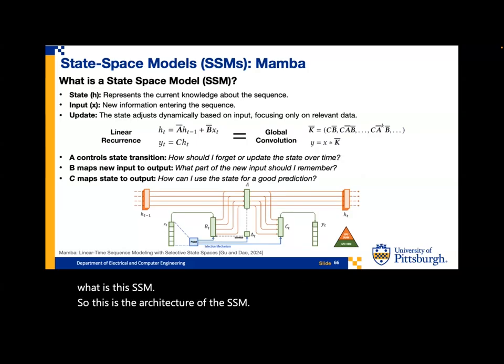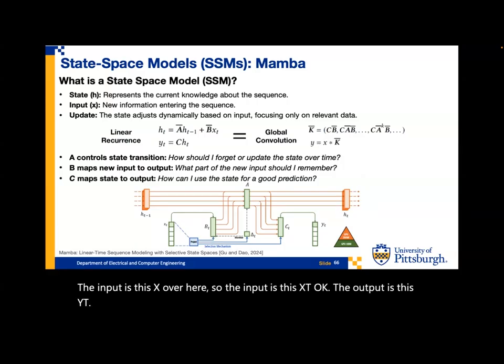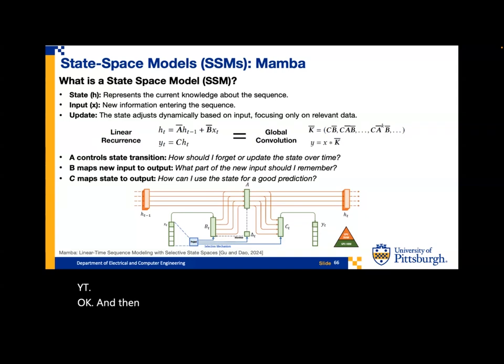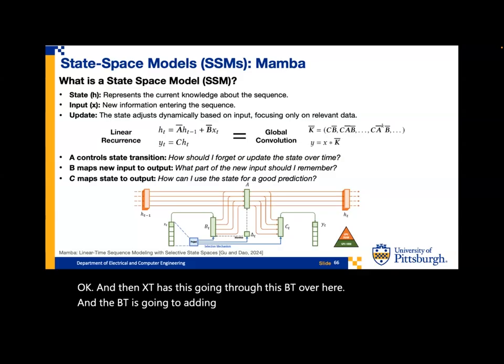The input is this X over here, so the input is XT, okay? The output is YT, okay? And then XT goes through this BT over here. And the BT is going to be added with A times HT minus 1.